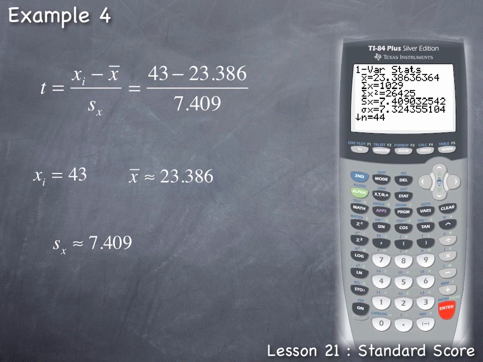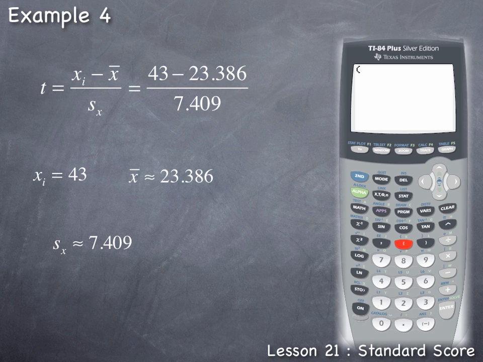To calculate the standard score for the 43-year-old student, we'd press left parenthesis, 43, subtract 23.386, right parenthesis, divide by 7.409. Enter. So the result is on the calculator screen. Being that for the standard score we just need to round off to 2 places after the decimal, we can write the result as 2.65.